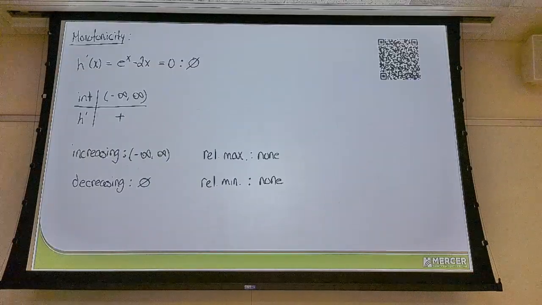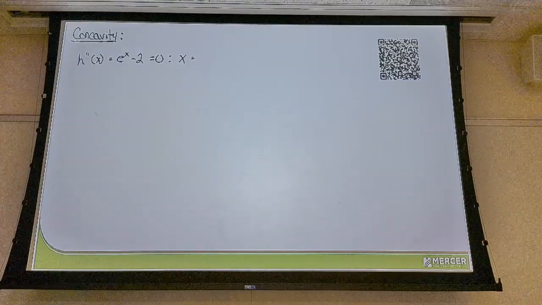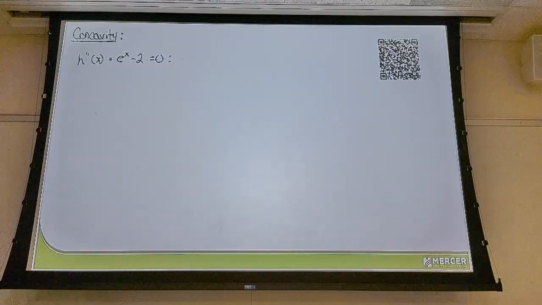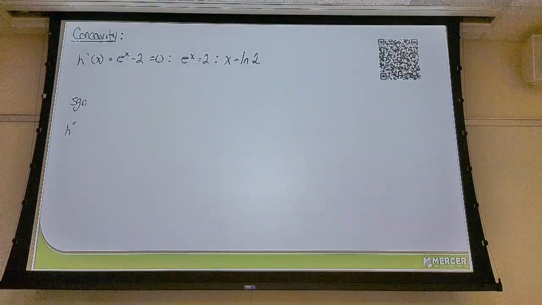What is H double prime? E to the x minus 2. Is there anywhere that is undefined? No. What is x? Ln of 2? I don't know what that is though.